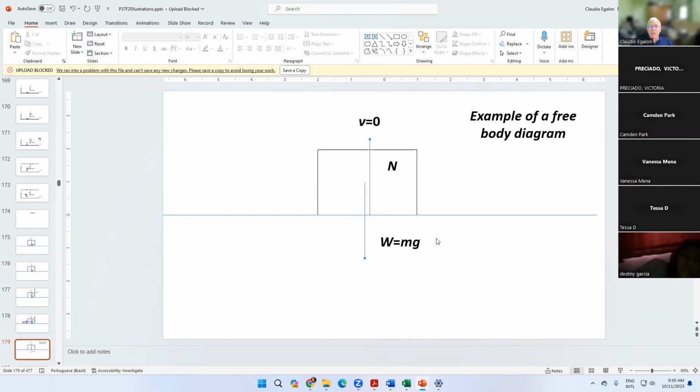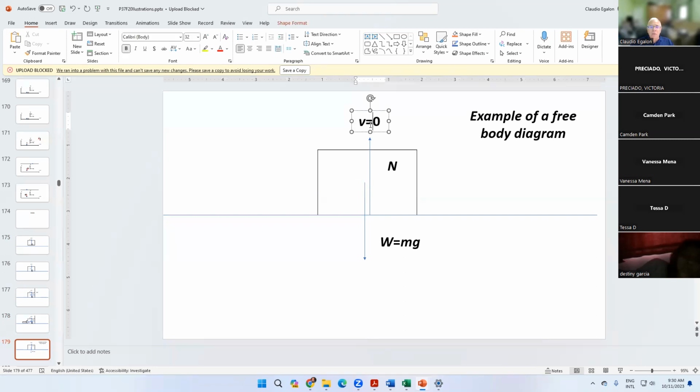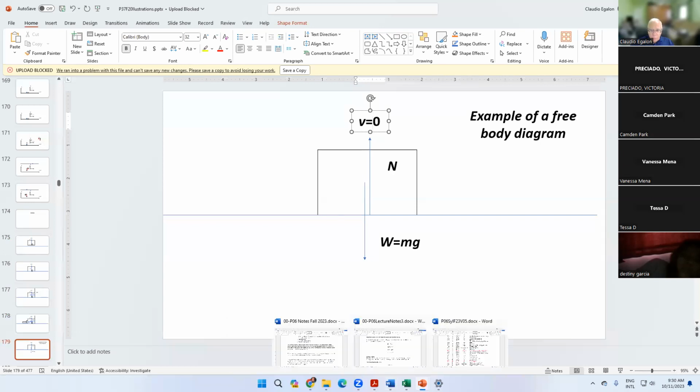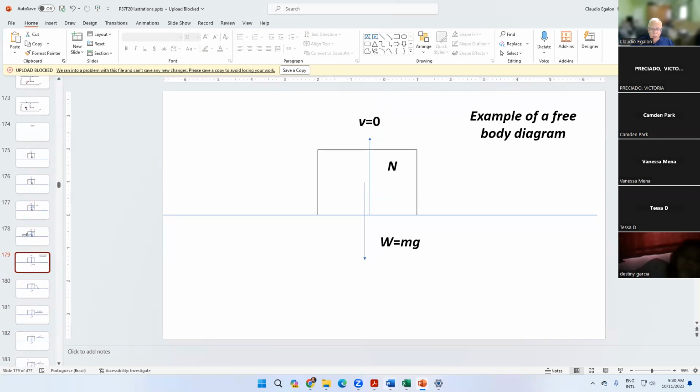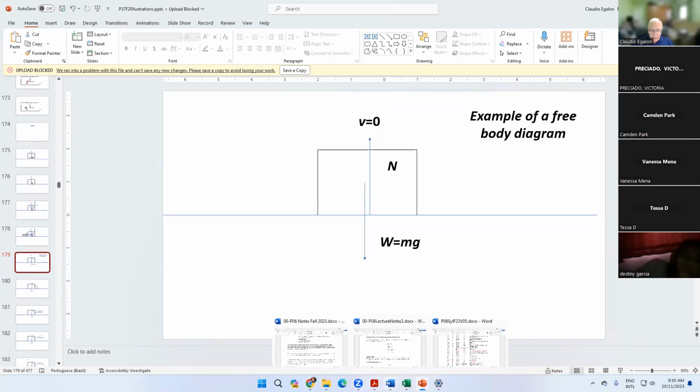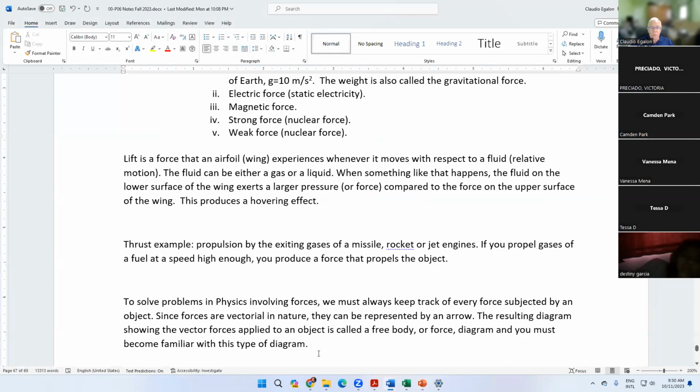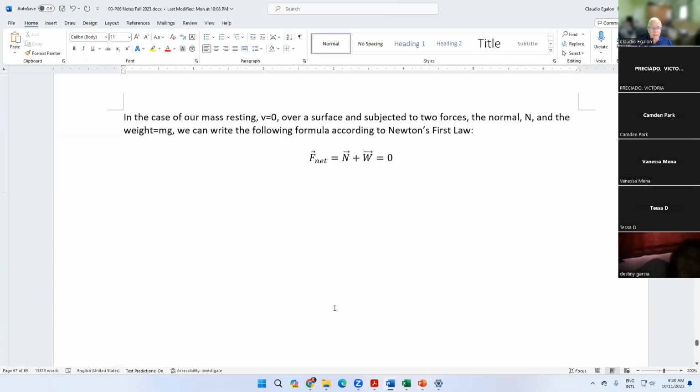The weight is always there, will always be there in our problems. Because the object is at rest, the net force is 0. And that's where we go back to that vectorial equation that I introduced to you before. And I'm going to write it here.